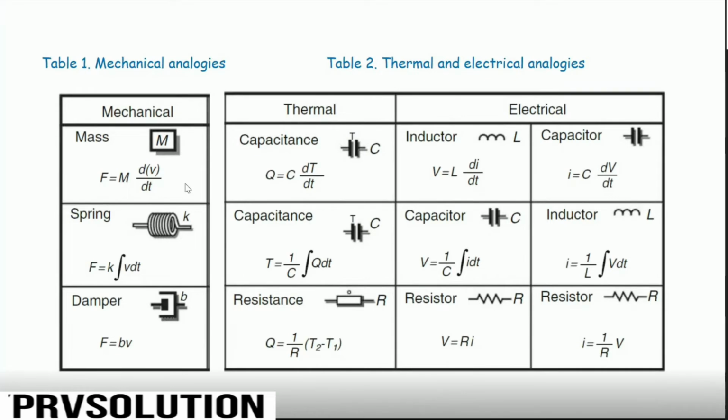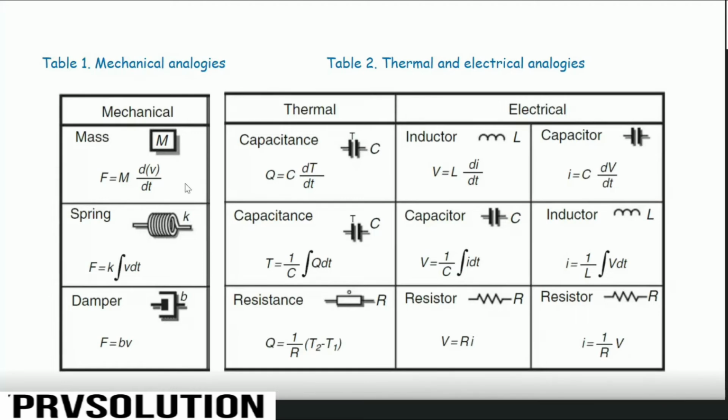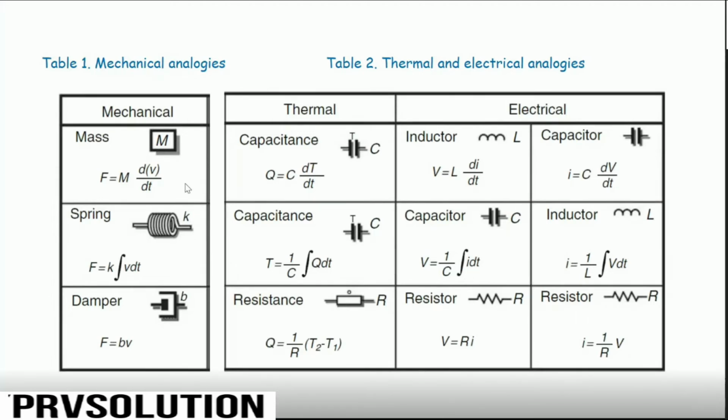We will divide this into three parts. First, the mechanical, let's say mass. Second, thermal, let's say capacitor. Third, electrical, let's say inductor, resistor, capacitor, or any one of them. Then we will look at the governing equation for each, combine them, and represent the complete mathematical model of the sensor.